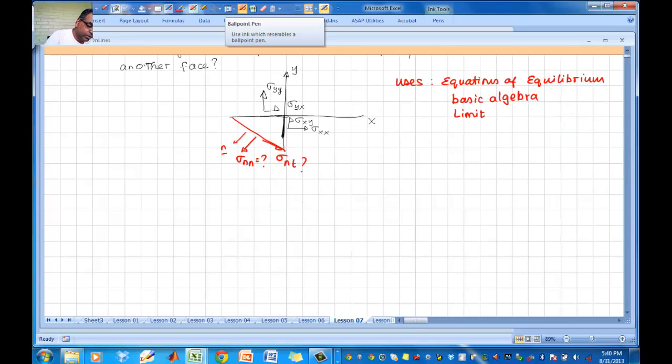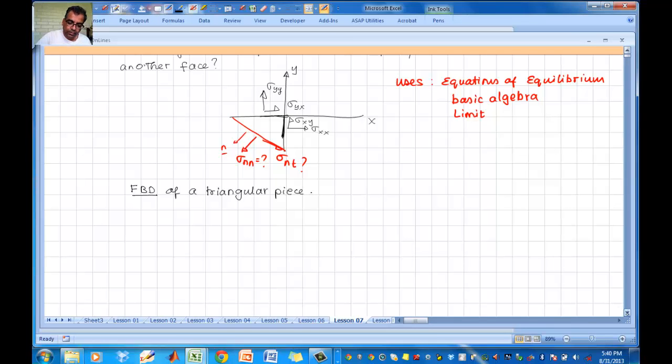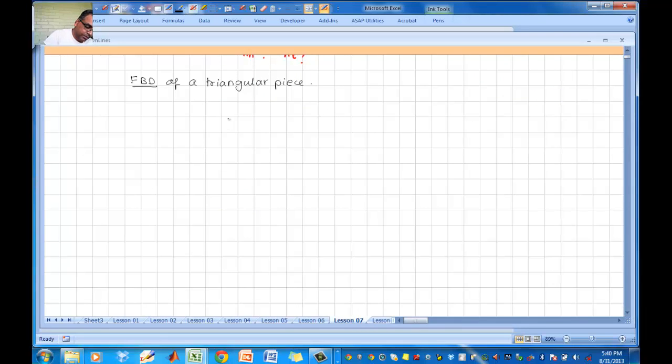So let us see how to do this. We start out by drawing a free body diagram of a triangular piece. So I'm going to draw this here. So there is the triangular piece. The normal to this face is like that.